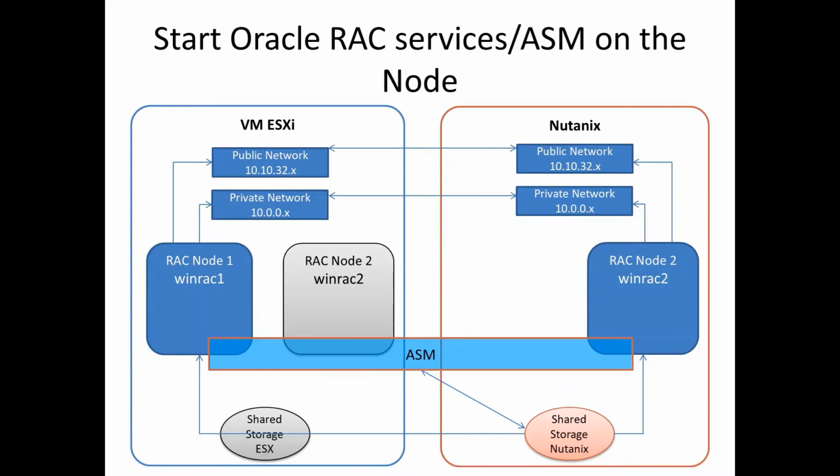So now it has become a distributed Oracle RAC cluster between the ESXi and Nutanix. One node is running on ESX and the second node is running on Nutanix. So this will be an extended cluster with the ASM here. Right now the ASM is connecting to this shared storage on Nutanix, and it will be up and running.